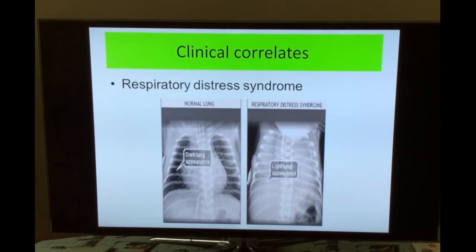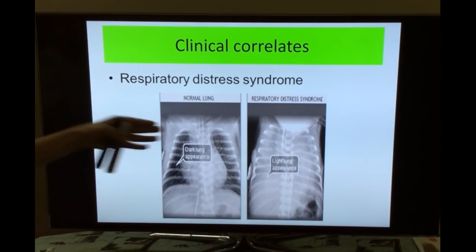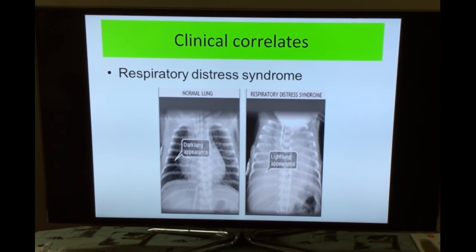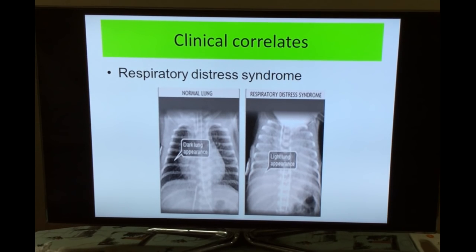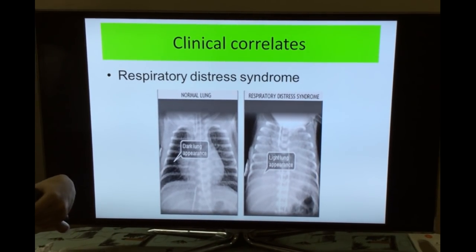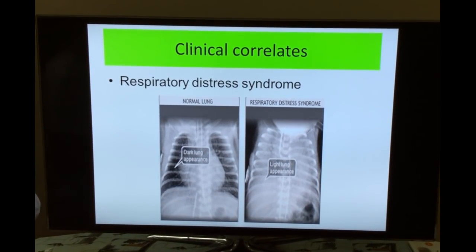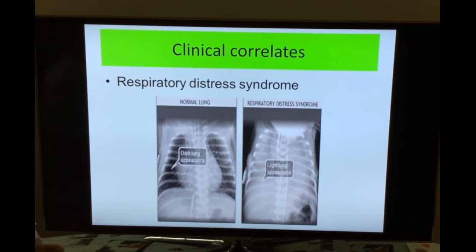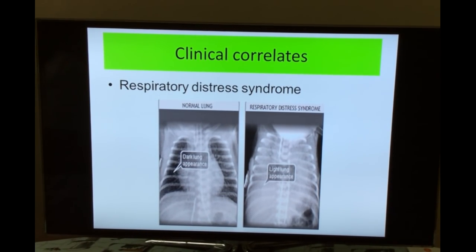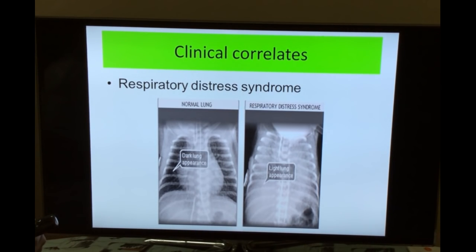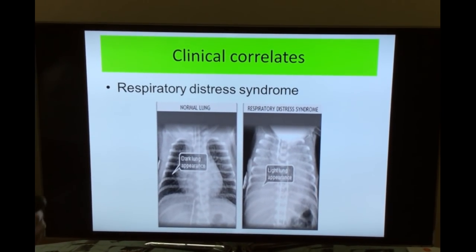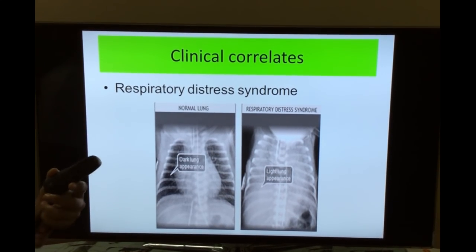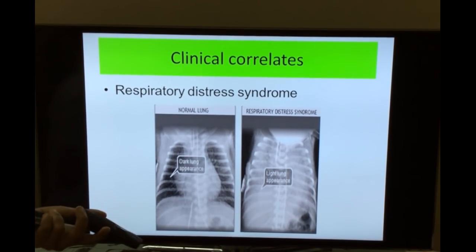So as I already told about the respiratory distress syndrome, in a normal lung it will be filled with fluid, and the fetal breathing movement starts before birth, which is very important because the amniotic fluid is taken up by the fetus. The amniotic fluid is very necessary for lung maturation and also to condition the respiratory muscles.